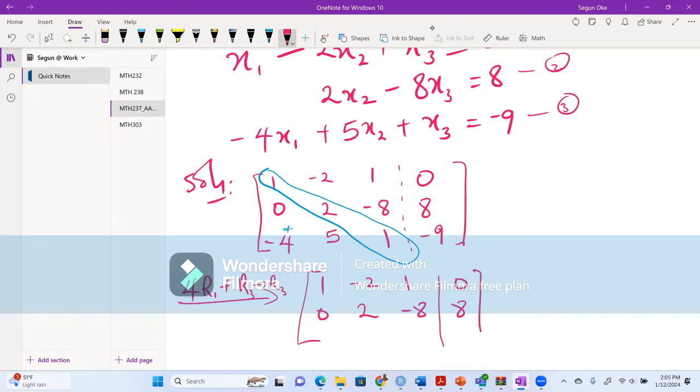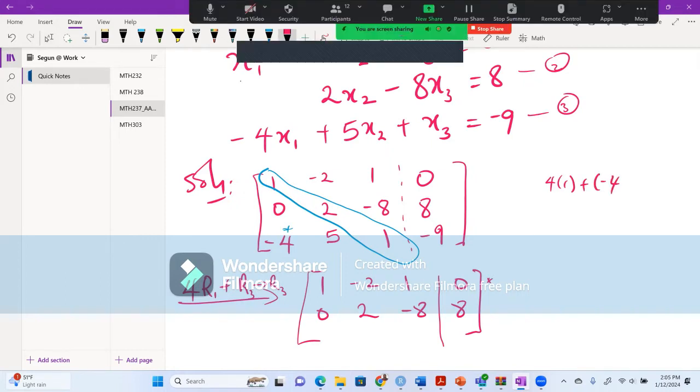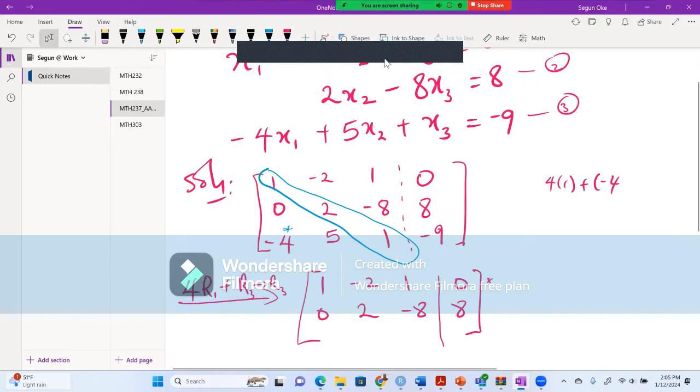So what it simply means is, let me just do the sketch here. 4 multiplied by 1, that is R1 we are working on, plus negative 4. What do we have? You discover that we have 0.